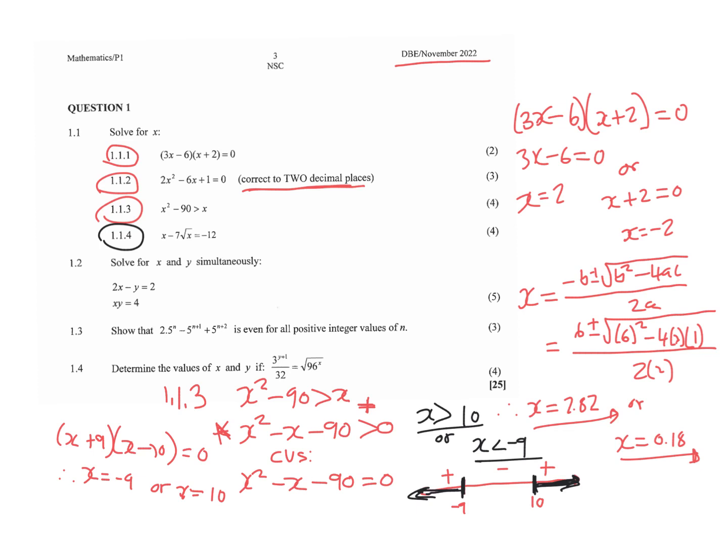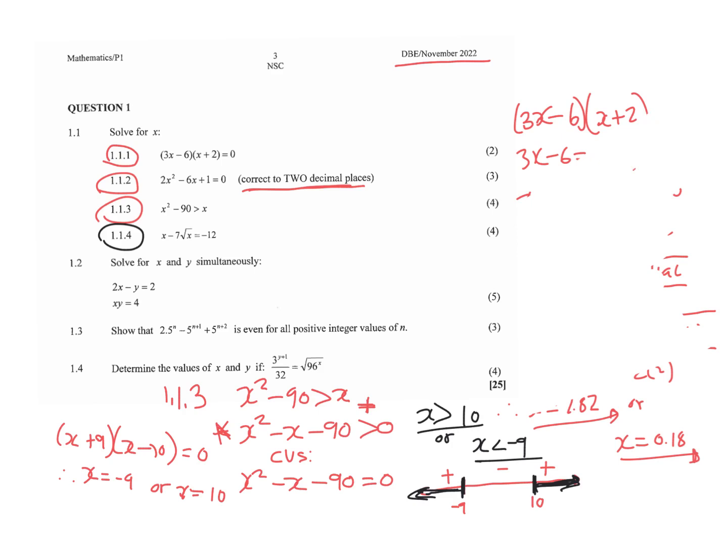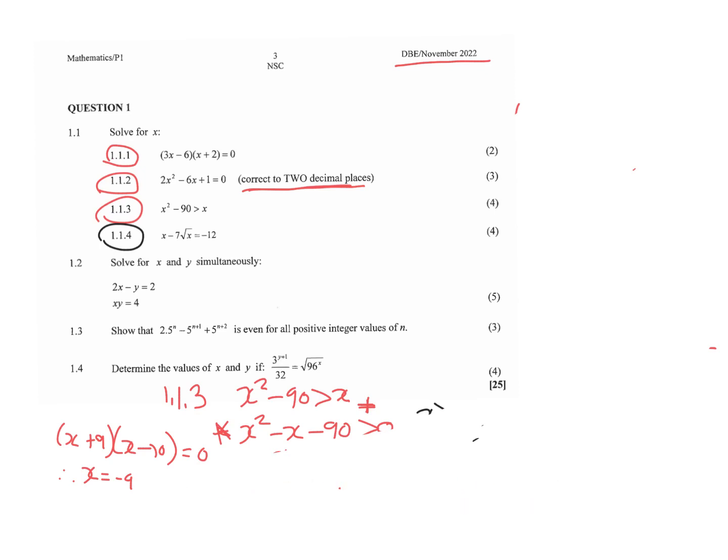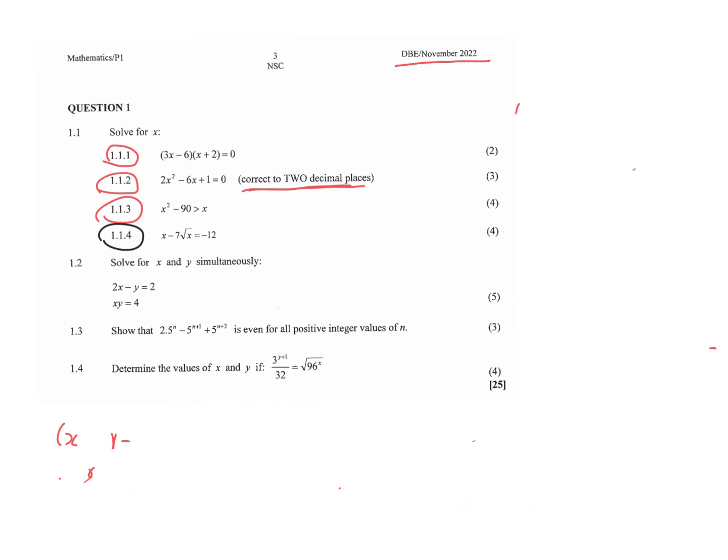Okay, so let me quickly erase. Okay, so on question 1.1.4, we are given x - 7√x = -12.